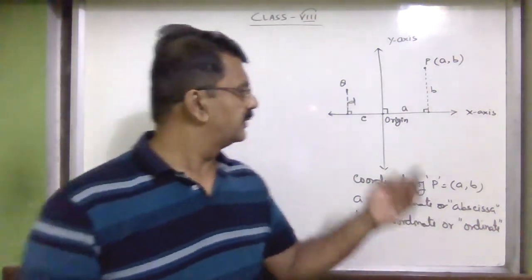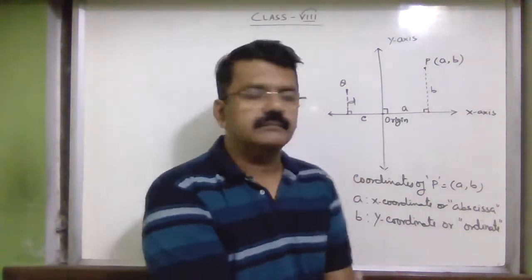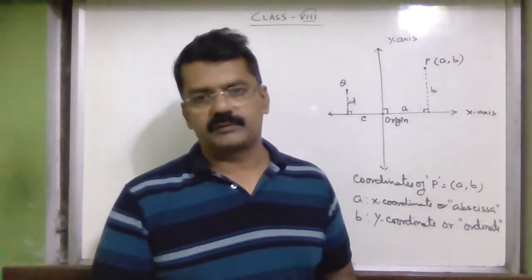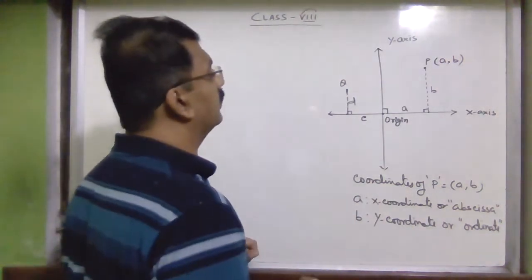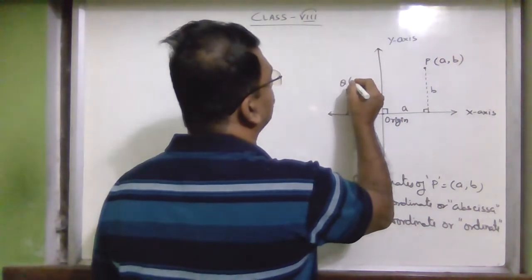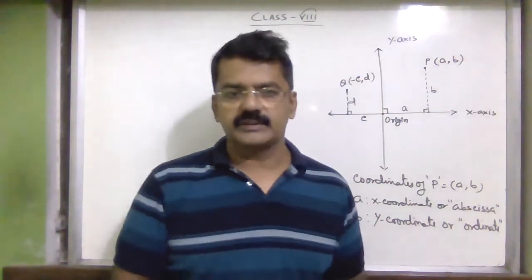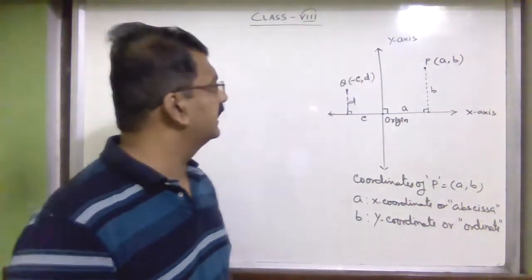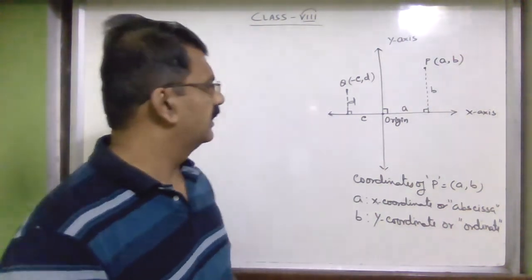So first from the origin you move a distance c in the negative x direction, and then upward you move a distance d and you will reach Q. Now the coordinates of point Q will be minus c comma d. You know why minus c, because I told you if you are moving towards left, then that distance is taken as negative, so it is minus c comma d.